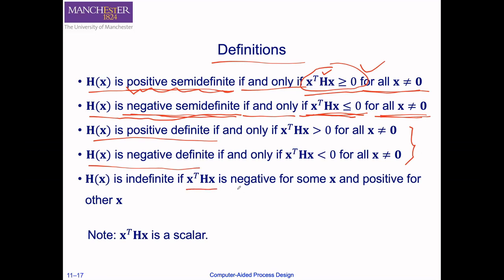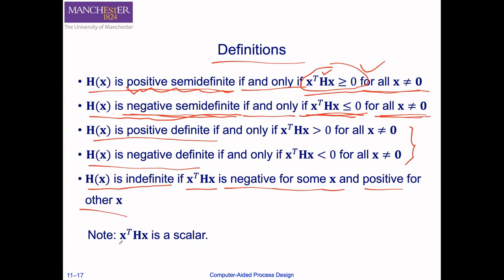If this term is negative for some x and positive for other x, then this Hessian matrix is indefinite. These are definitions of positive semi-definite, negative semi-definite, positive definite, negative definite, and indefinite of a Hessian matrix.